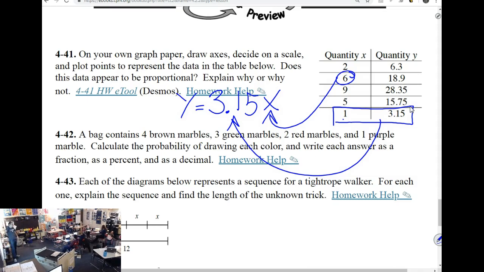If that multiplication doesn't impact it, then test all of your other ones. Plug in 2, does it work? Plug in 6, does it work? Plug in 9, does it work? Plug in 5, does it? If they all work, our table's good. And that would be our explanation of why we could say there's a consistent relationship where y is 3.15 times the x value.